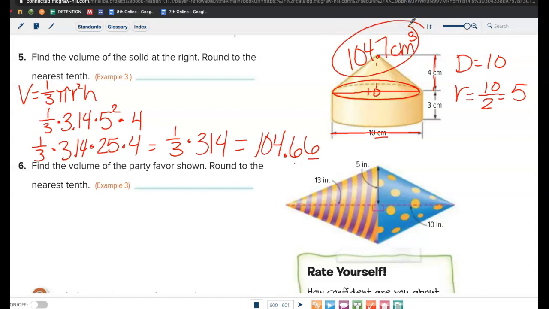I still have to figure out the volume of my cylinder though. If you remember from when we did cylinder, the formula is pi r squared times height. So I have 3.14 times my radius. My radius for this circle is the same as the circle on the bottom, so my radius is still 5.